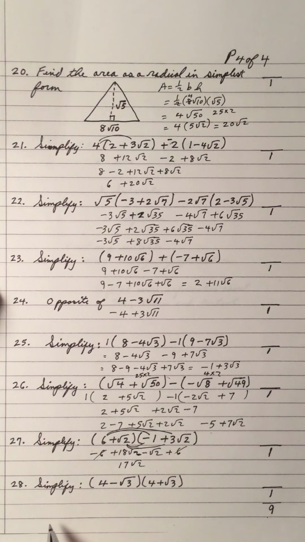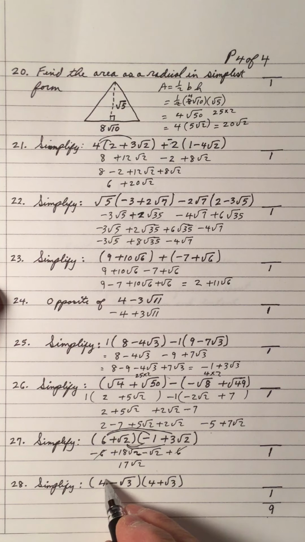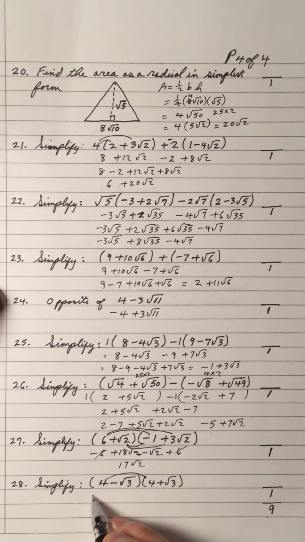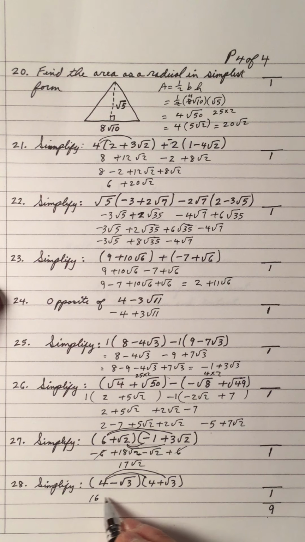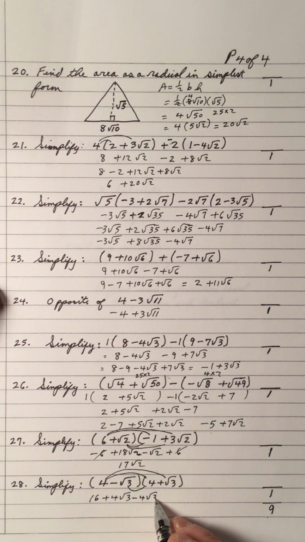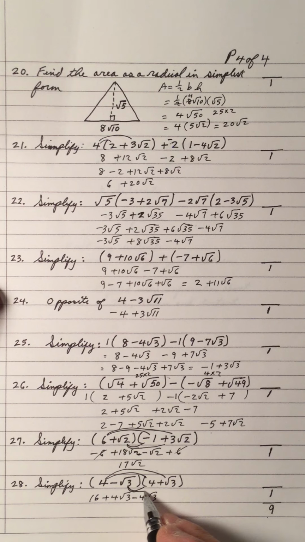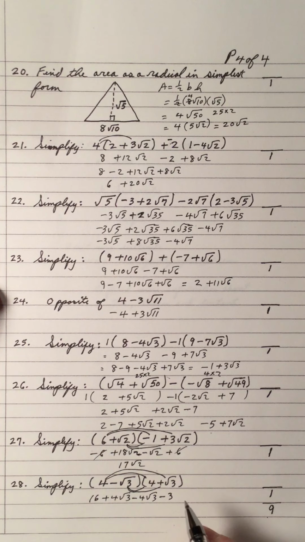And number 28, I'm going to do this in 2 ways. FOIL method. First, 4 times 4 is 16. Outside, 4 times root 3, 4 root 3. Inside, negative root 3 times 4, negative 4 root 3. And last, negative root 3 times root 3 is a negative square root of 9, which is 3.